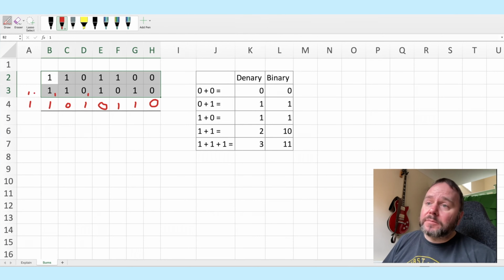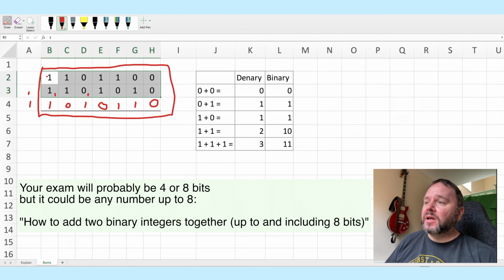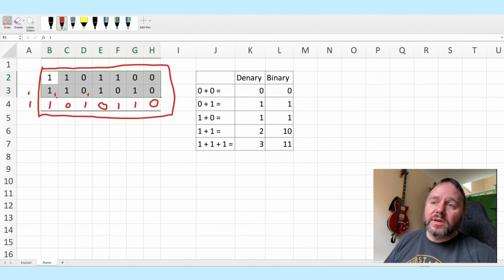But you will notice that this is the area for the sum. You've got 1, 2, 3, 4, 5, 6, 7 bits in our word length. So there's no room for this one to be stored. Okay, so this value, this answer here, is going to be an inaccurate answer.